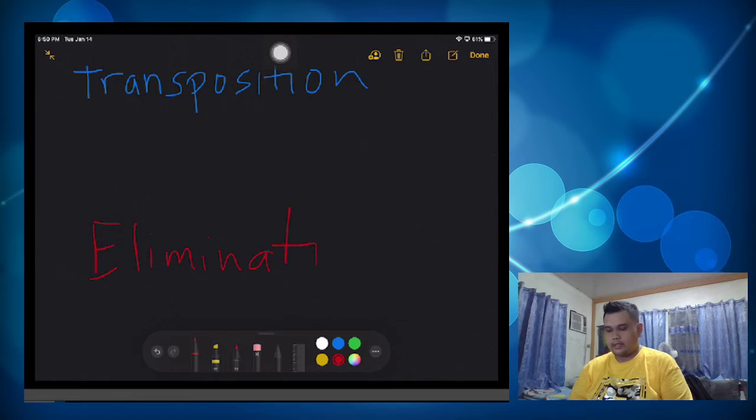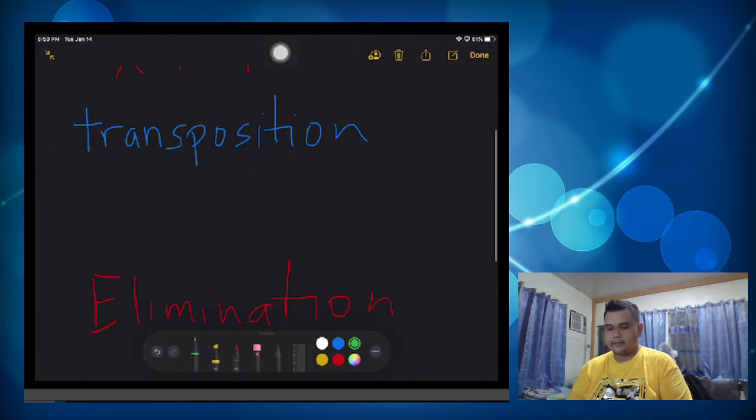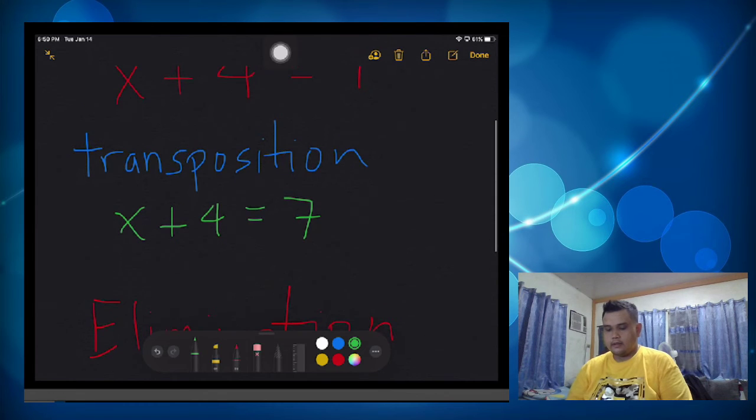So for example, if we have x plus 4 equals 7, basically you just transfer this value to the other side of the equation, leaving x alone on one side.